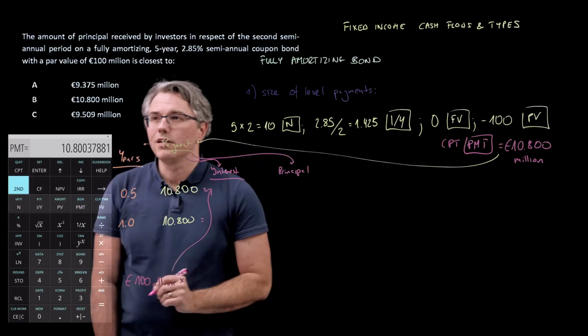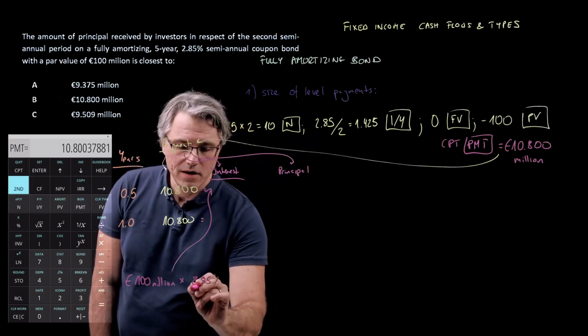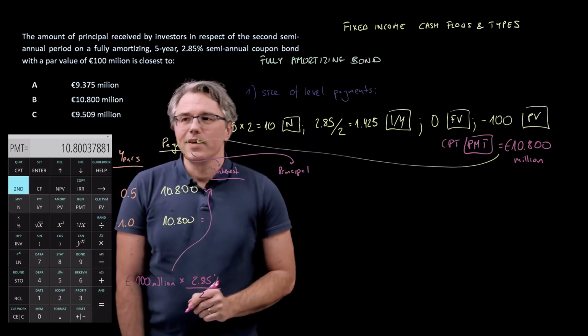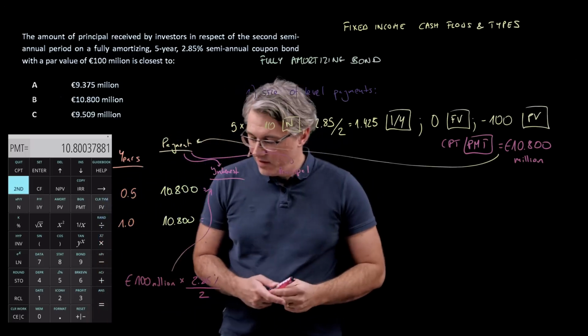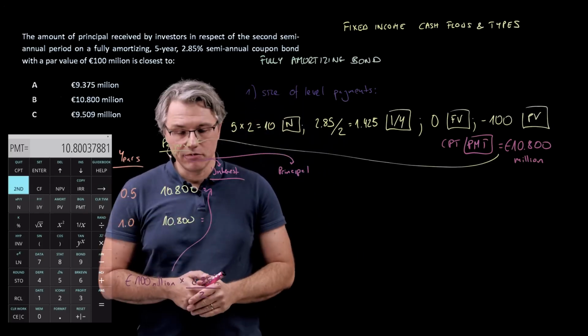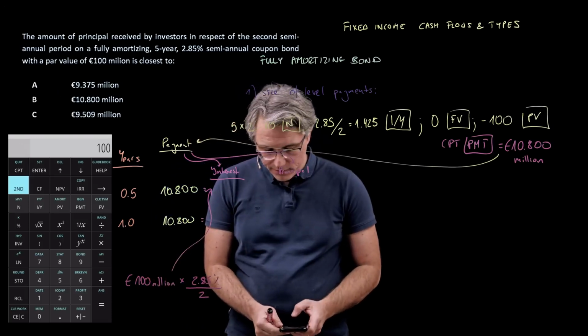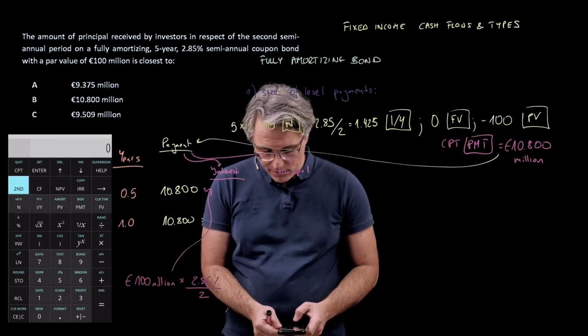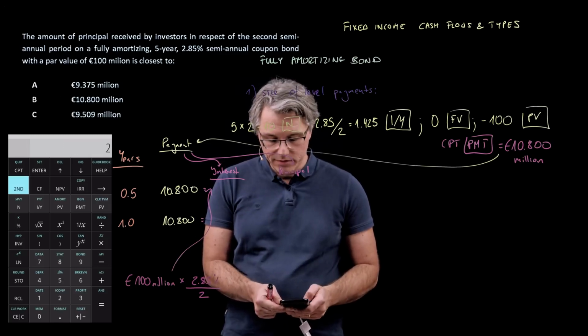Multiply this by the relevant rate of interest, 2.85%, but halve it to make it in line with the fact that we're paying interest for a semi-annual period. So 100 times 0.0285, that's 2.85%, divided by 2.